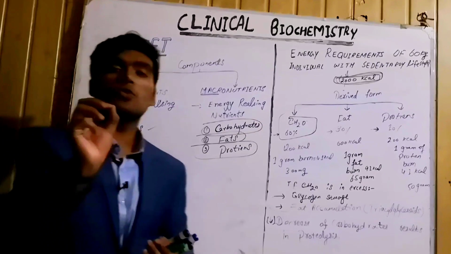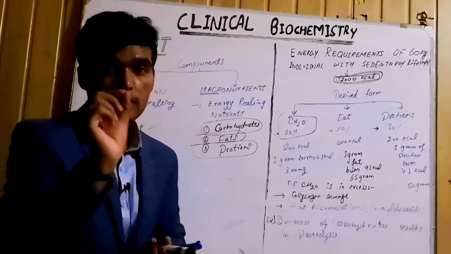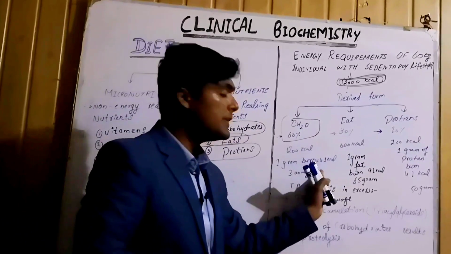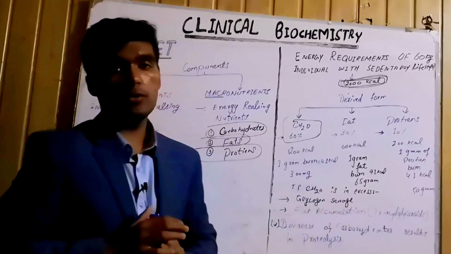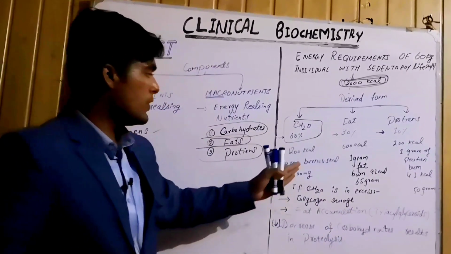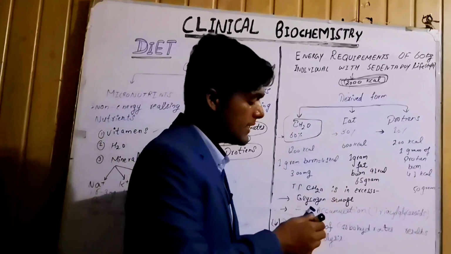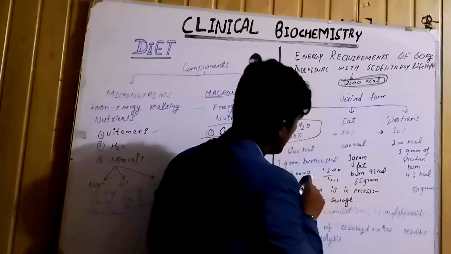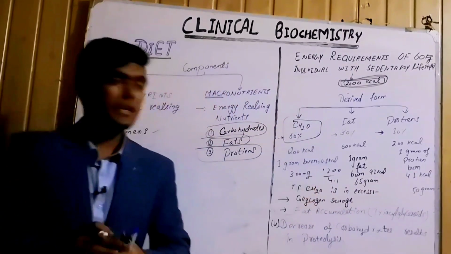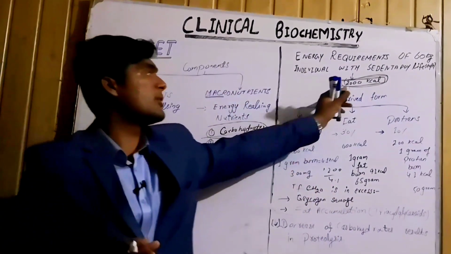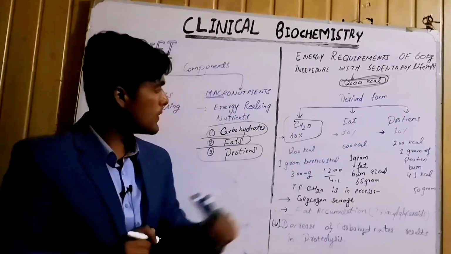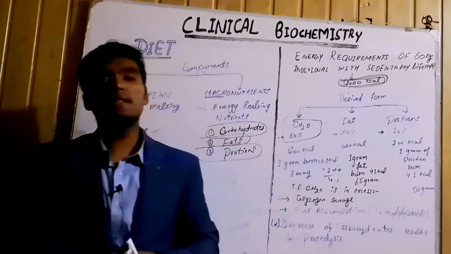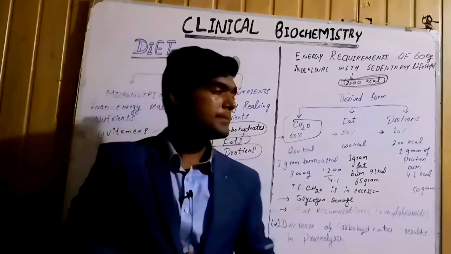So 1200 kilocalories releases how many grams of carbohydrate? Simply divide 1200 by 4.1, so almost 300 grams is the daily requirement of that 60 kg person. Burning 1 gram of fat releases 9.1 kilocalories of energy.